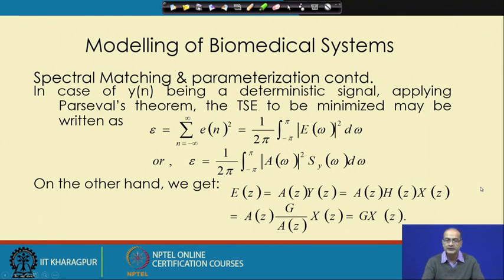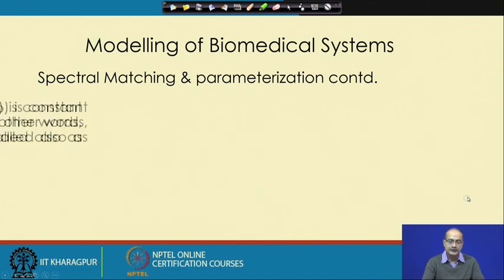We are left with G into X(z). So, the prediction error is a scaled version of that input signal.